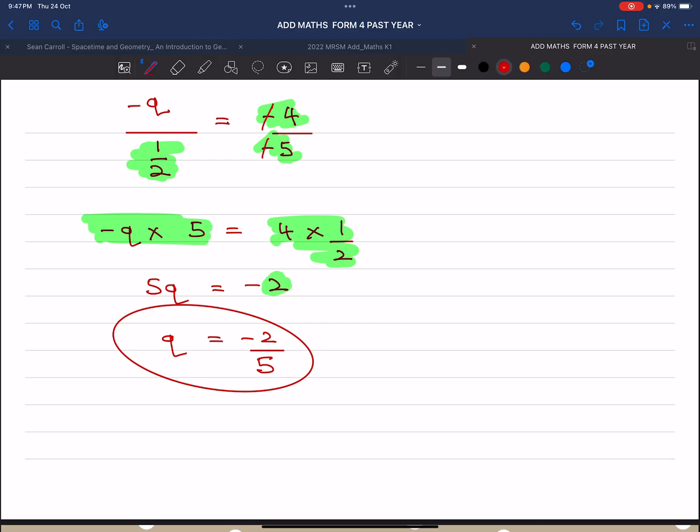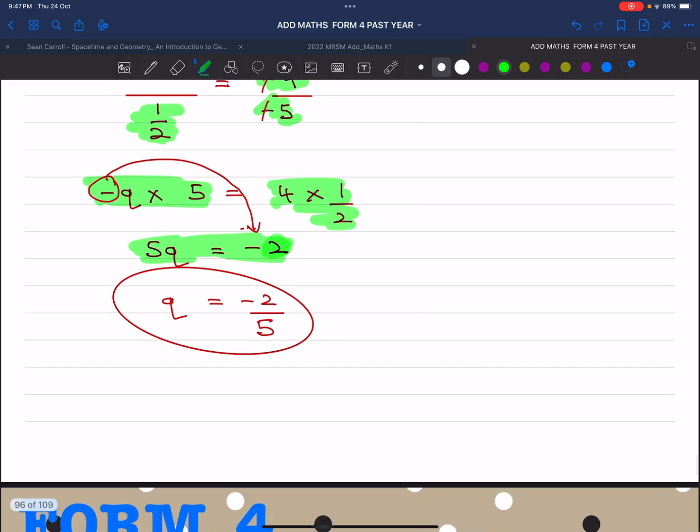The negative here, I transfer to the other side; I multiply both sides by negative. So I have q times 5, which is 5q, equals negative 2. And for q, I transfer the 5 and I get negative 2 over 5.